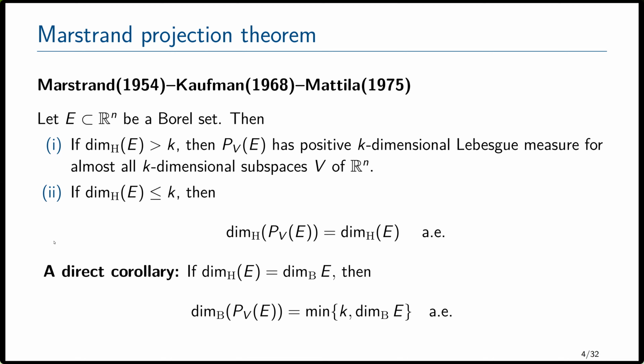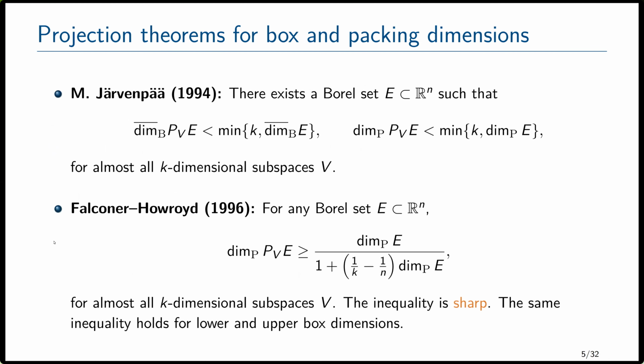It's trivial. But for general sets, in 1994, Järvenpää gave a concrete example that there is a Borel set E such that the upper box dimension of the projection set is strictly less than the minimum of k, the dimension of the projection space, and the upper box dimension of the original set, and similarly for packing dimension.